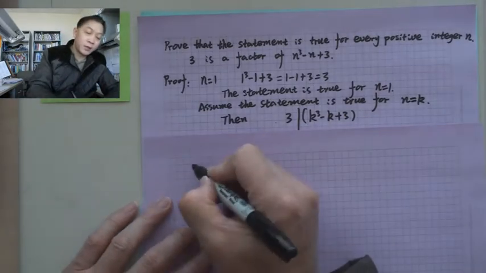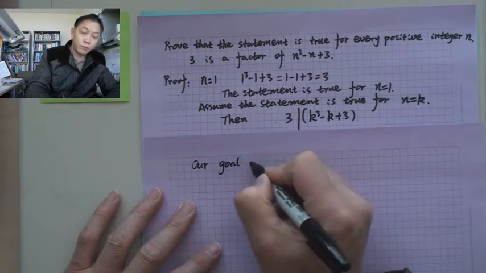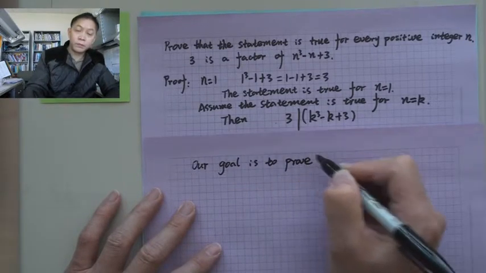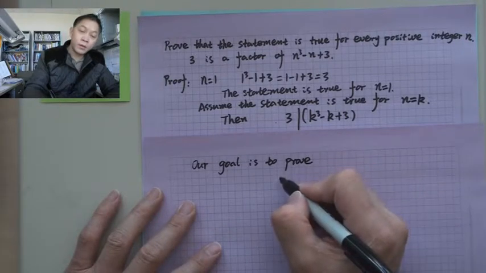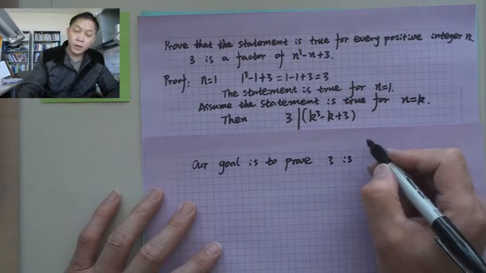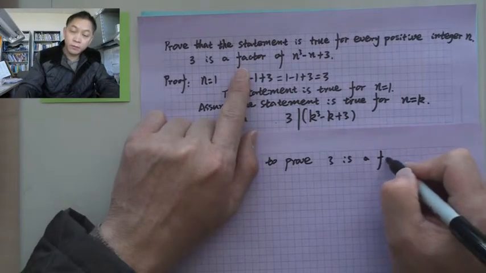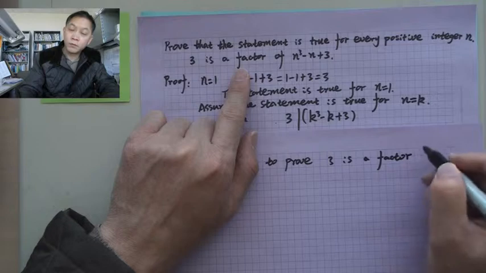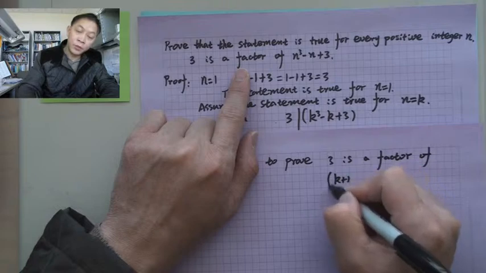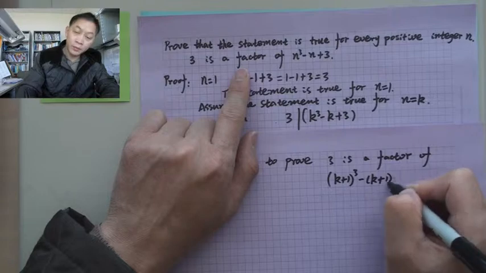Our goal is to prove 3 is a factor of k plus 1 cubed minus k plus 1 plus 3.